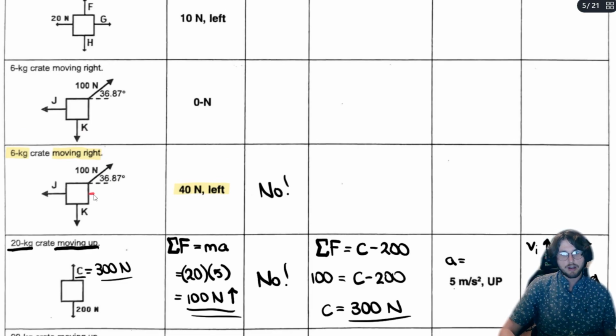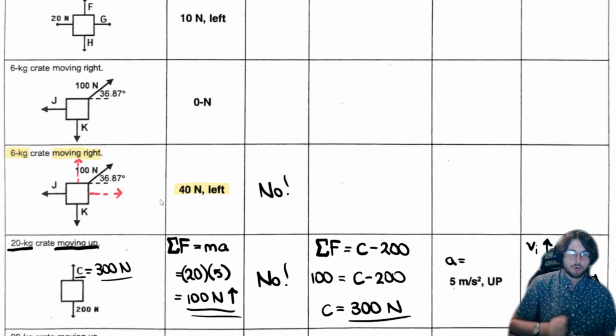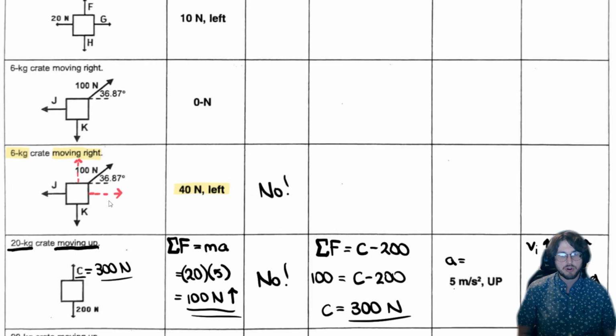In order to do that, we should first acknowledge that this 100 Newton force here is opposing these other two forces that are already in the vertical and horizontal directions. So if we bring these two forces out here, we can find the x component and the y component of this 100 Newton force by using our usual trigonometry tricks.